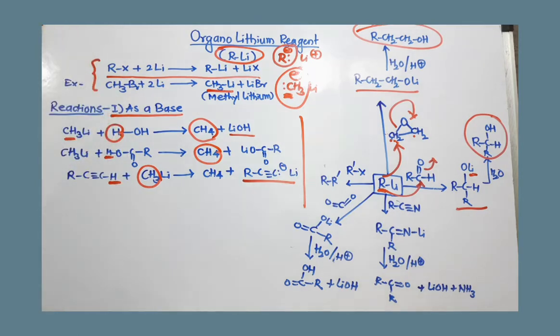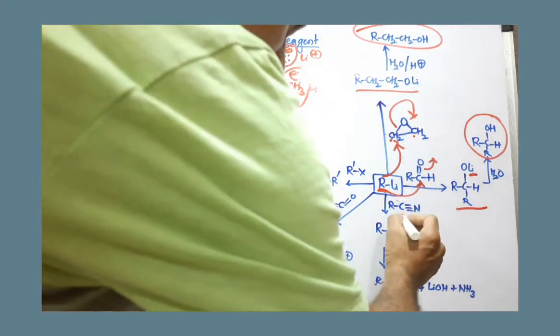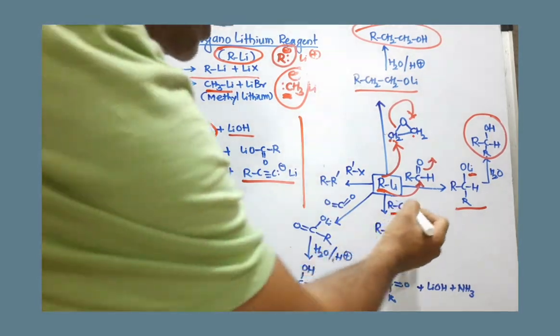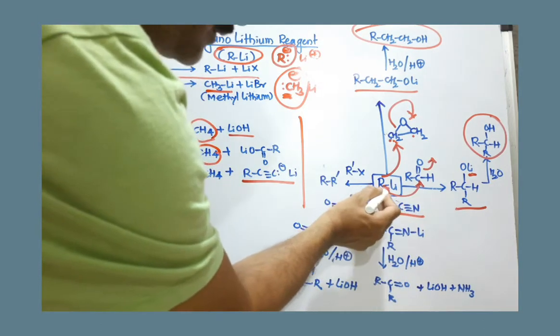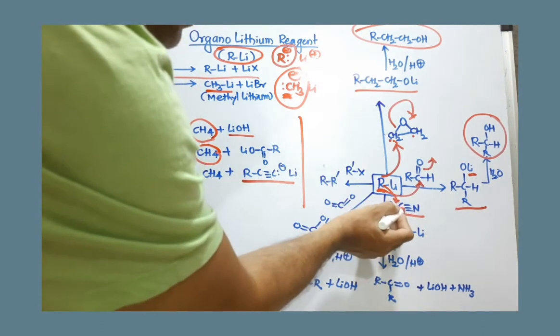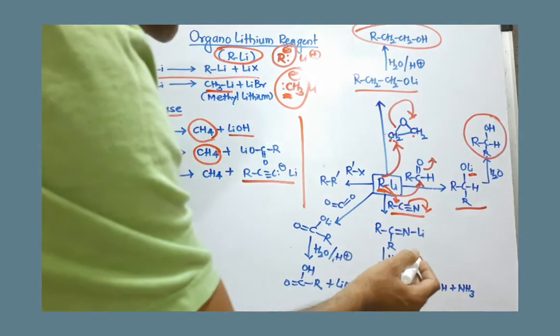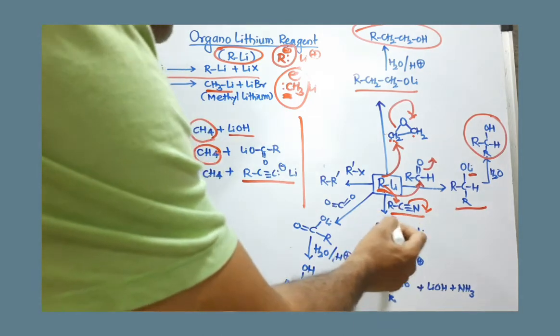One more thing we have to discuss is what will happen with a cyanide, a nitrile compound. This carbon is negative, and this carbon is positive, so R is going to join here, again to the positively charged carbon. You have to open this bond on the nitrogen and join lithium there to get this intermediate addition compound.